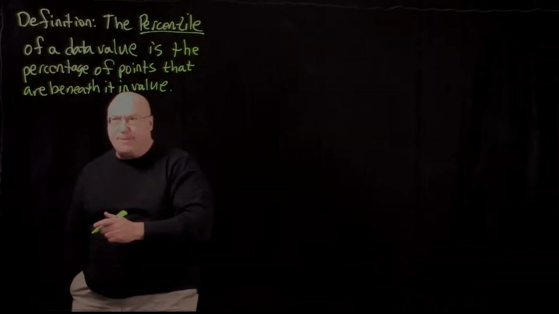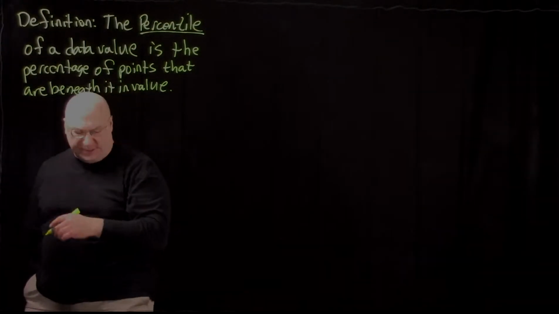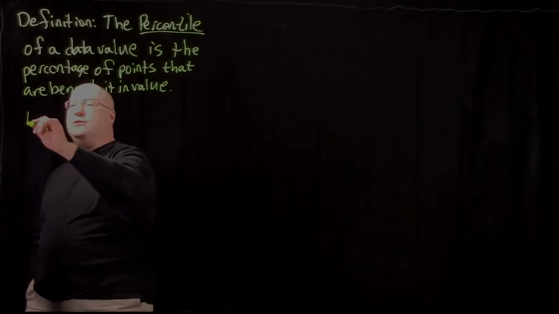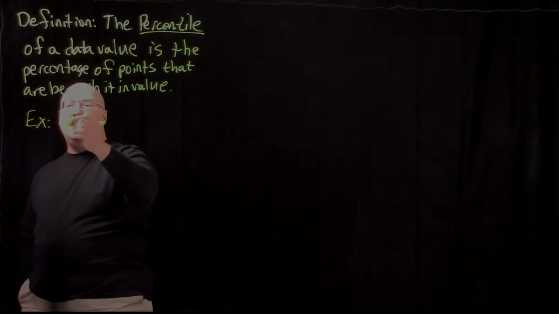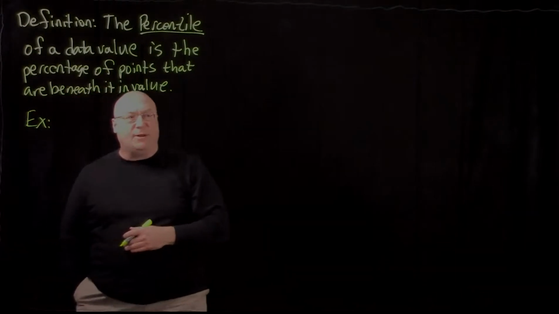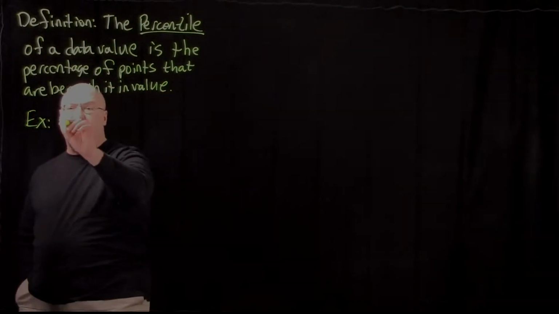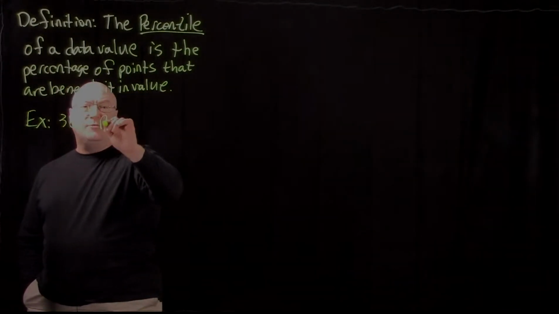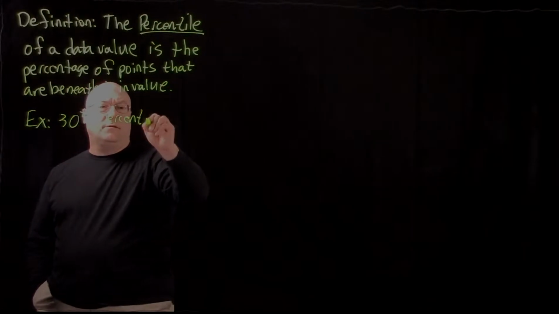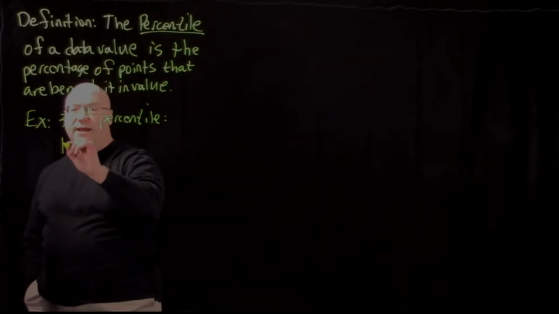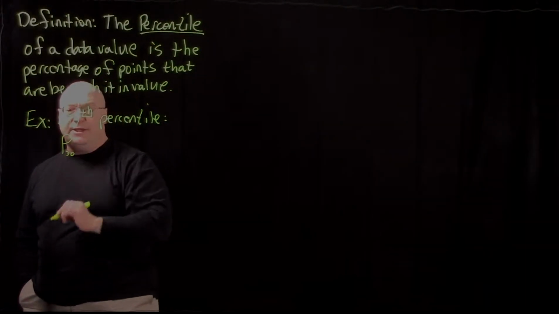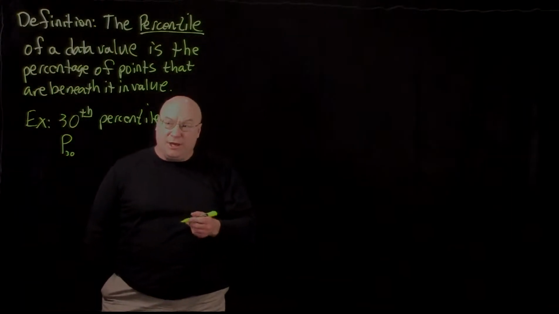So for example, the notation that we use, if I want to talk about the 30th percentile, the way I indicate that is P sub 30, and that means the 30th percentile. And what is that?